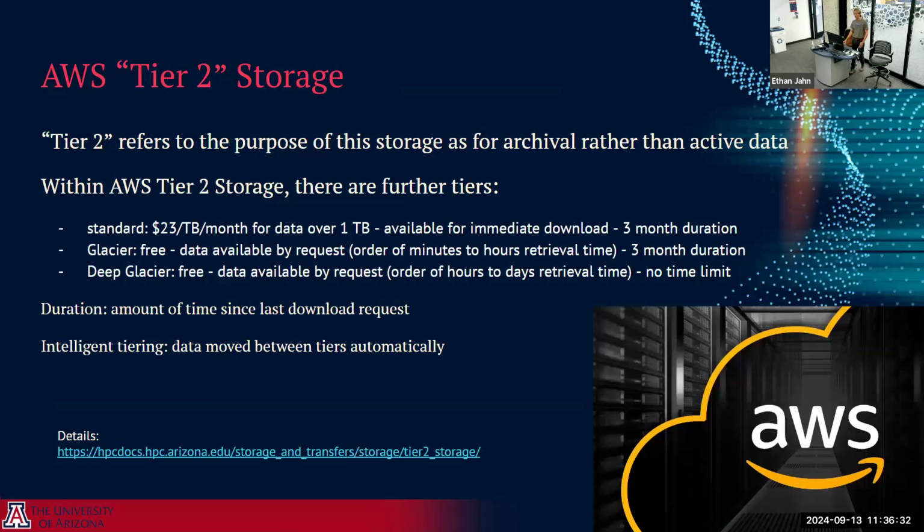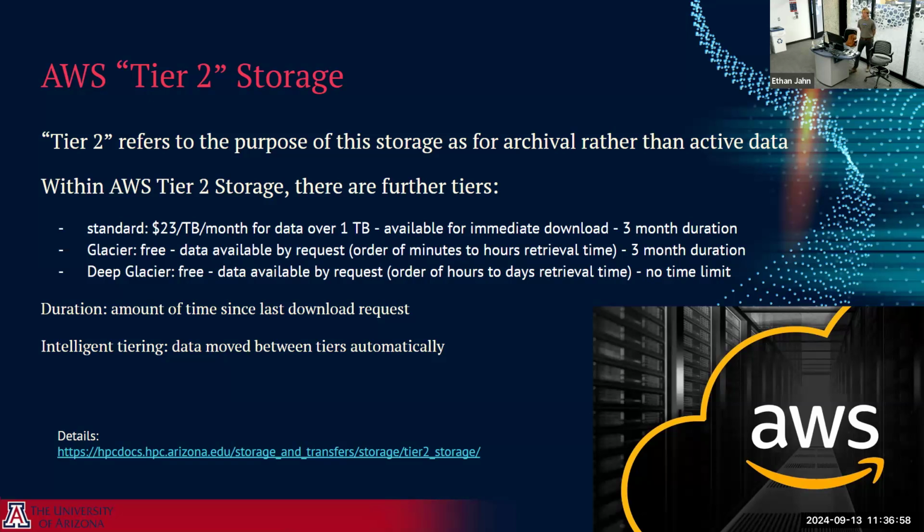So our last storage option, AWS tier 2. Tier 2 here refers to the purpose of the storage as being for archival rather than for active data. There are different pricing tiers listed here, and the pricing tier depends on the amount of time since the last time you downloaded that data.